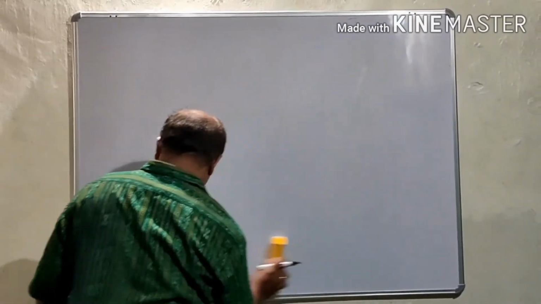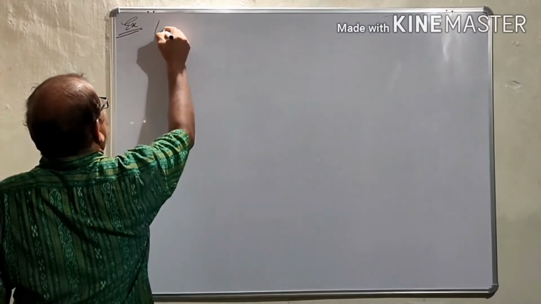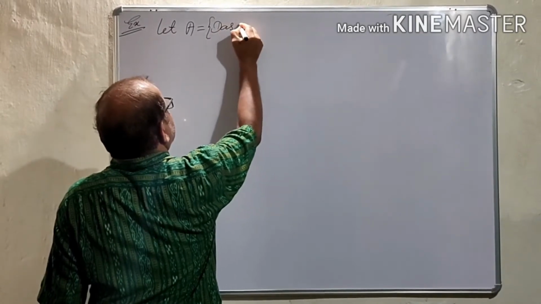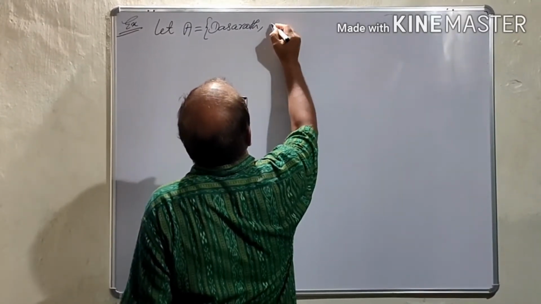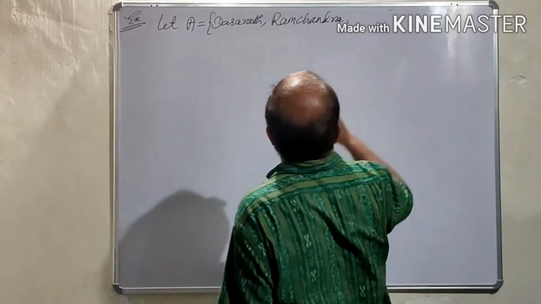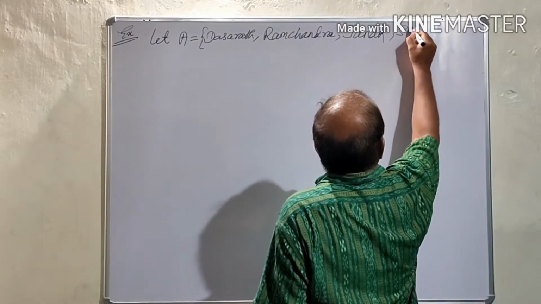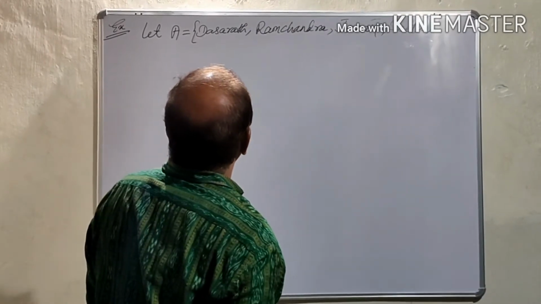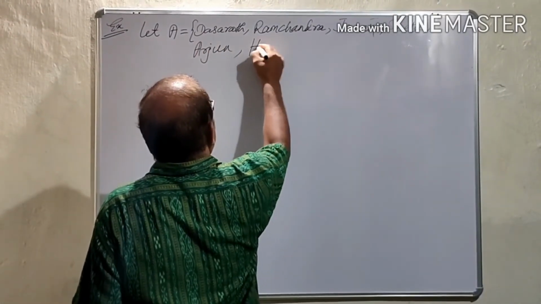I'll take two sets. Let A be equal to Dasarath, Ramachandra, Janak, Sita, Arjun, Humayun.